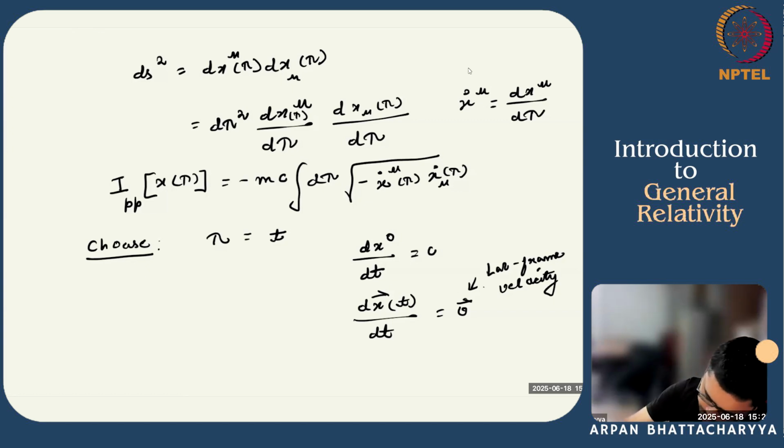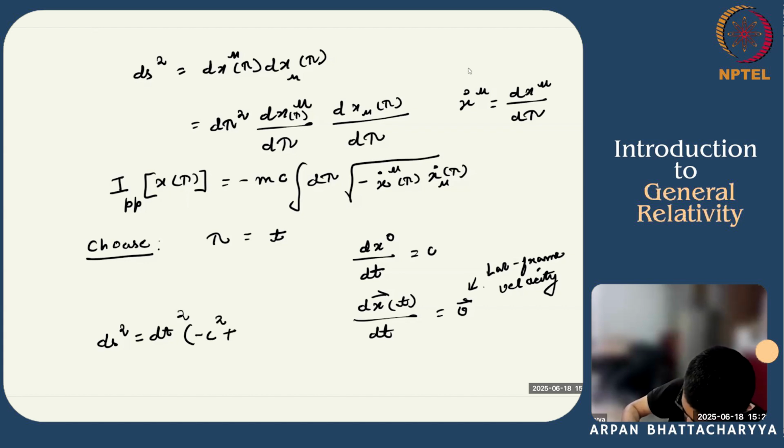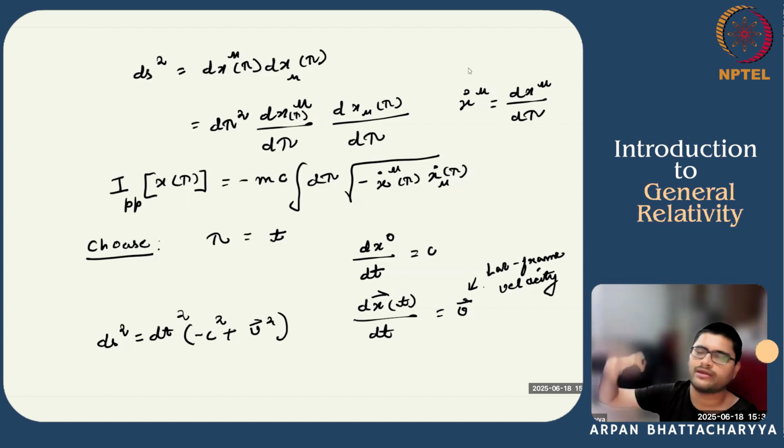Then we can calculate these. This is just a matter of simple algebra. You will see that the integrand, ds square, will be nothing but minus c square plus v square. The minus sign comes because when you raise and lower the zeroth index, there will be a minus sign. Eta 0, 0 is minus.